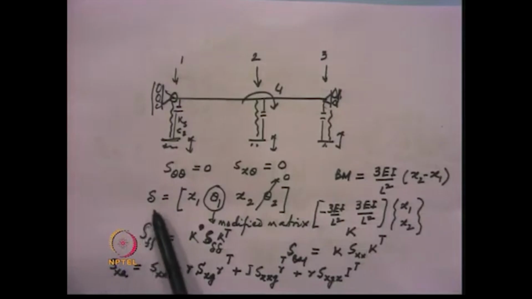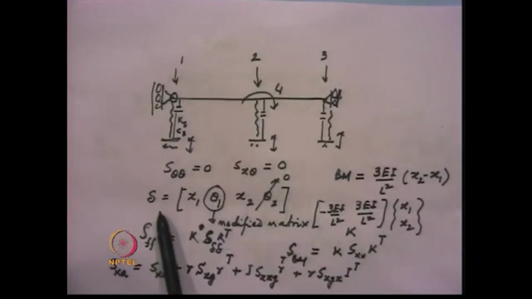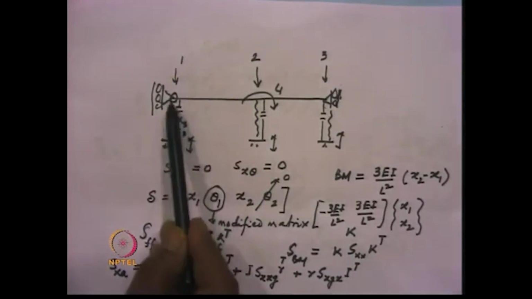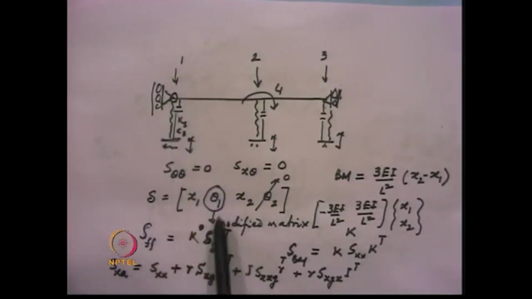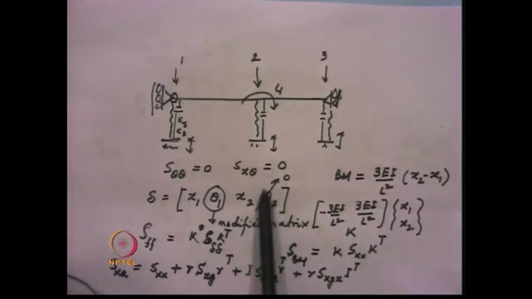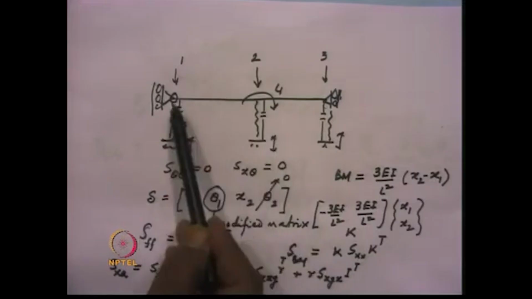Now, if we wish to find out, say, the bending moment here, then the displacement that we should take will be the displacement x1, and then if there is a rotation over here, say theta 1, and then the displacement here x2, and then the rotation here theta 2. If we know them, then one can obtain the power spectral density function matrix of the bending moment at this point and this point.